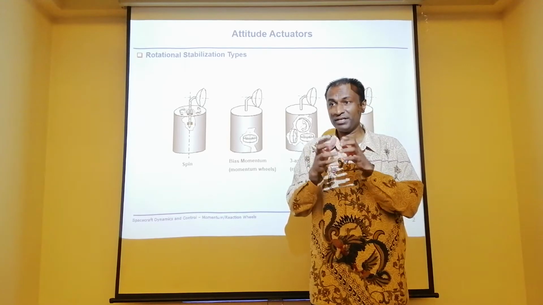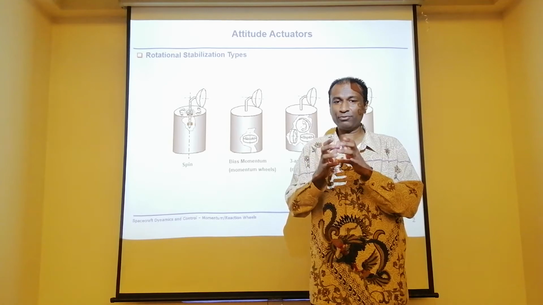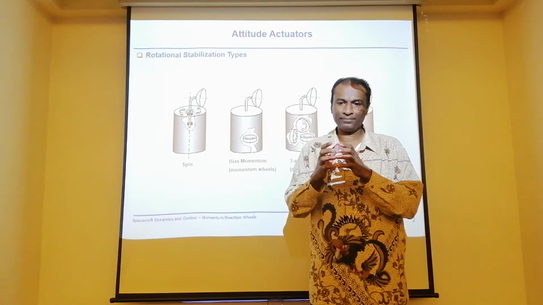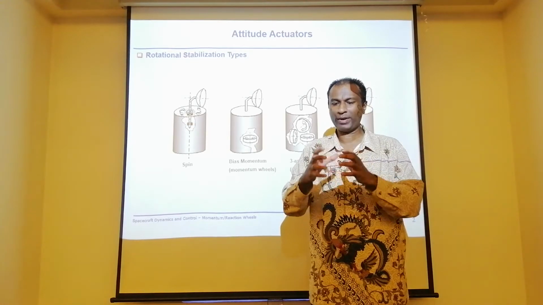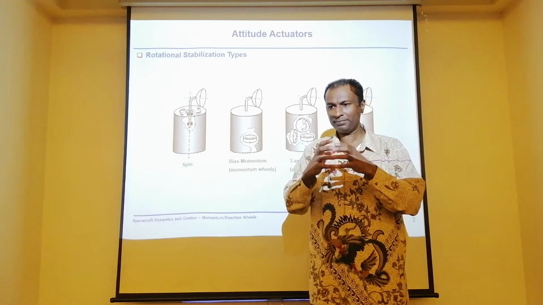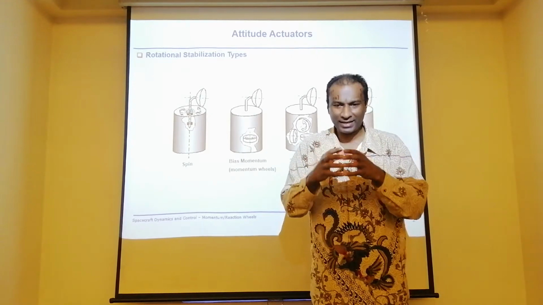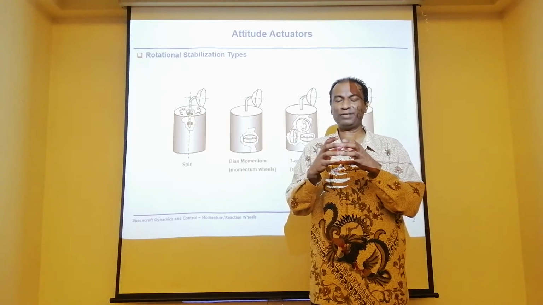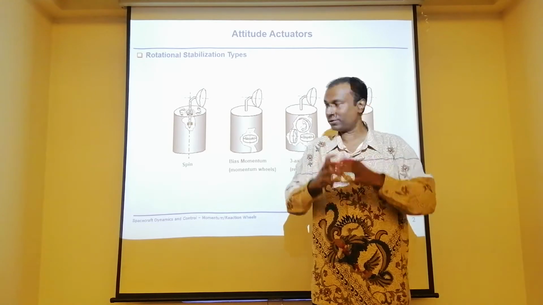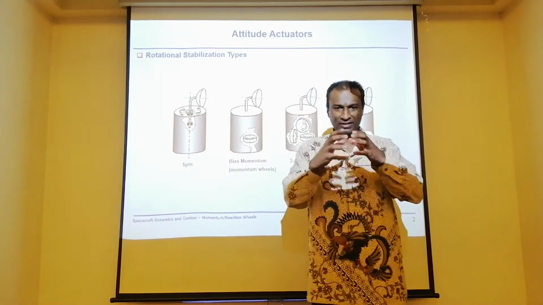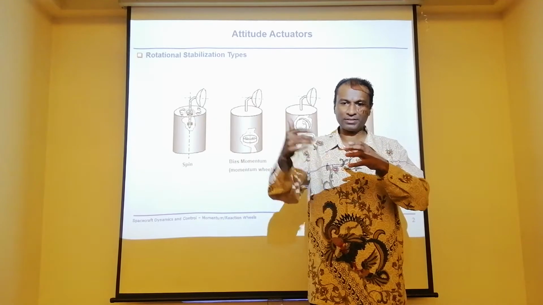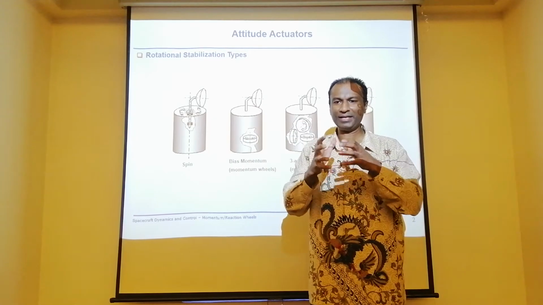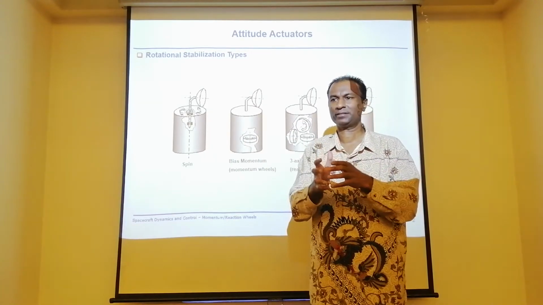What is angular momentum? Inertia times angular speed. When you have a high amount of angular momentum, it gives you gyroscopic stiffness, which means it's very stiff. When the satellite is very stiff and external disturbances come, it will not be disturbed in that sense.